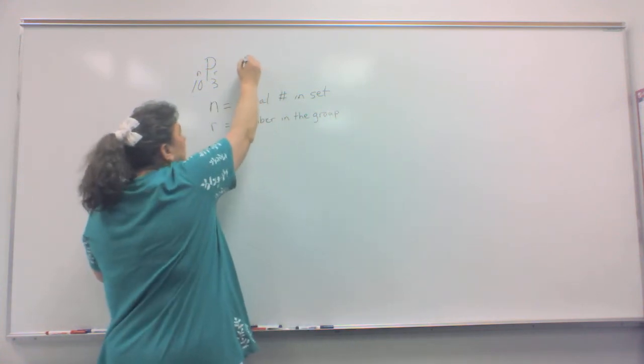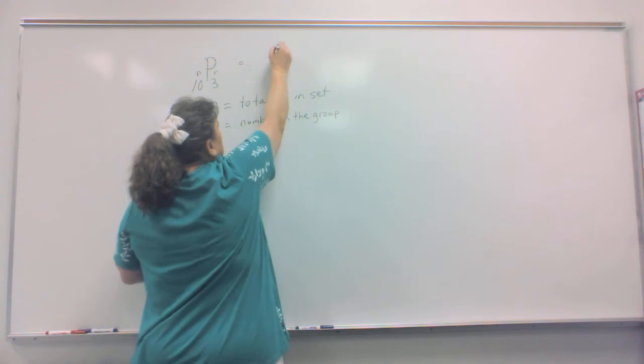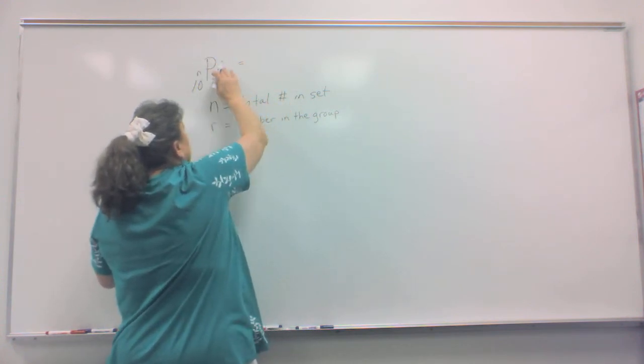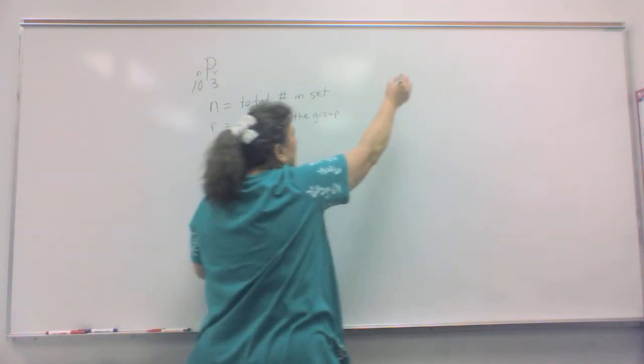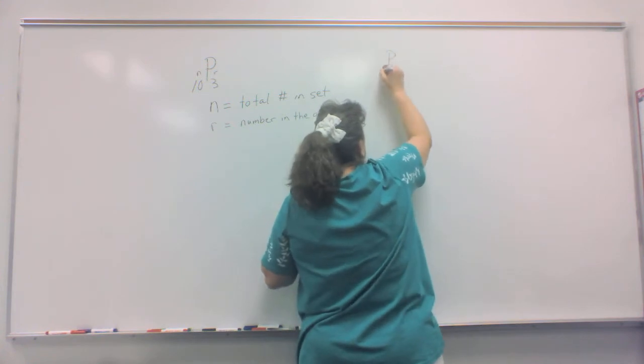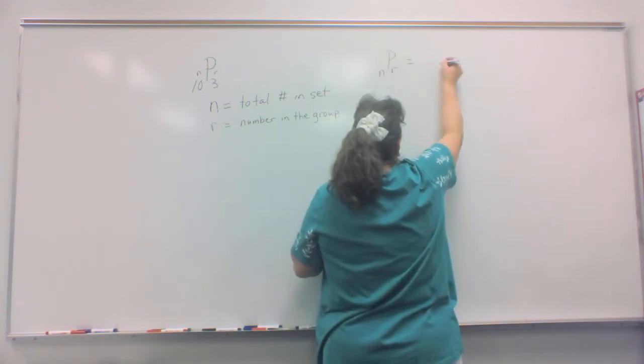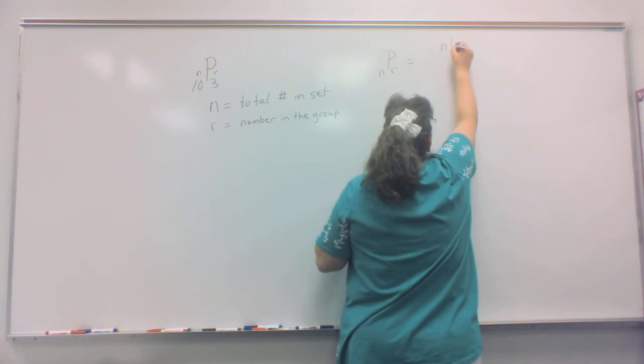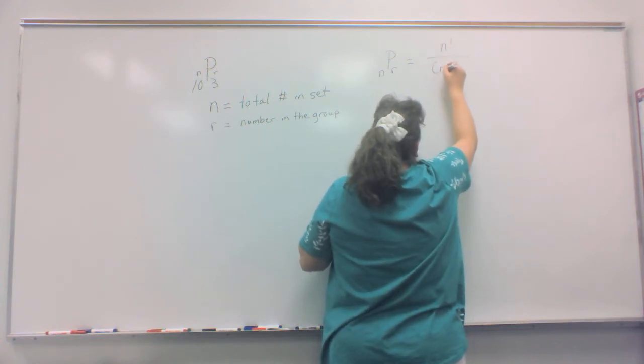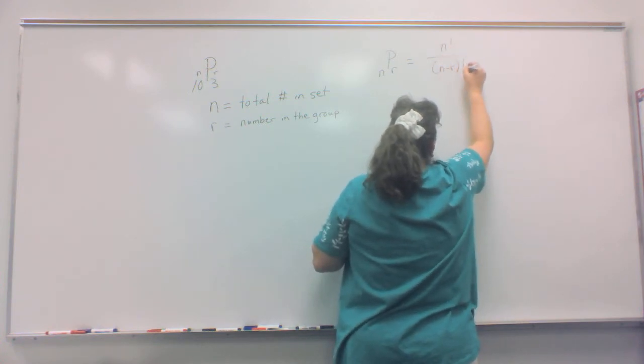So remembering your formula, it's permutations n r, let's write that over here. Permutations n r is equal to n factorial over n minus r factorial.